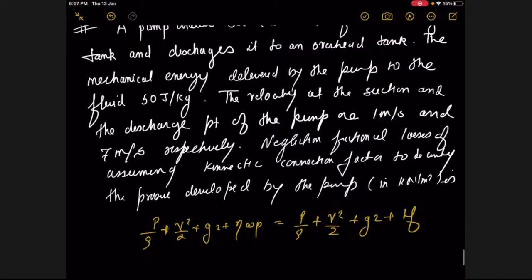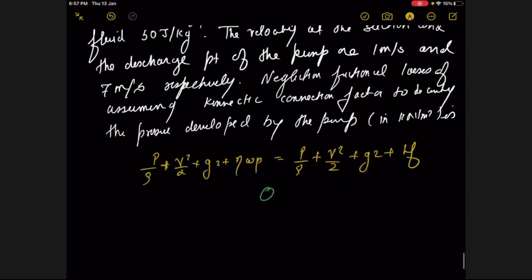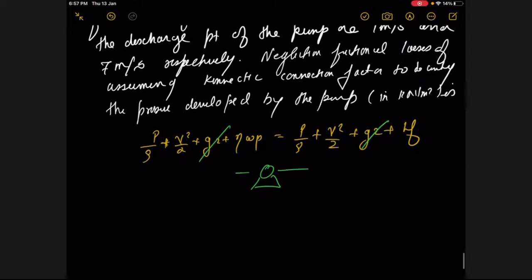See, the pump is like this. It means it will be horizontal. So here the Z terms are removed.